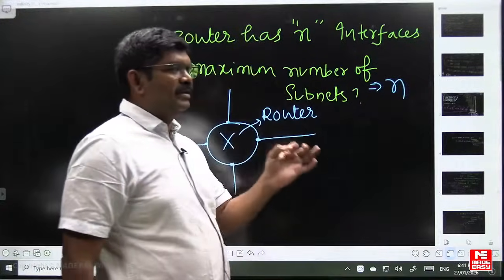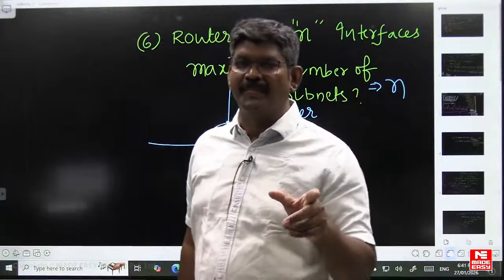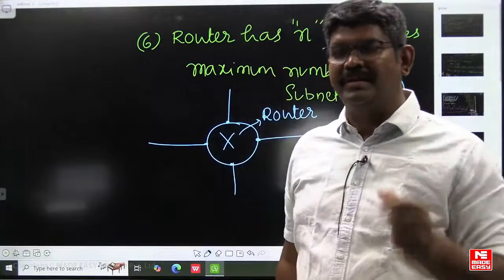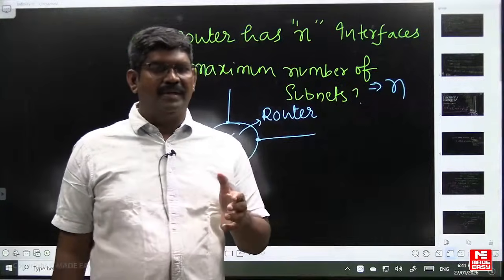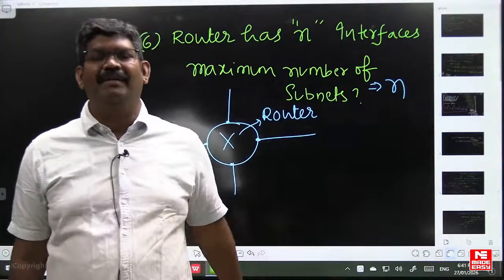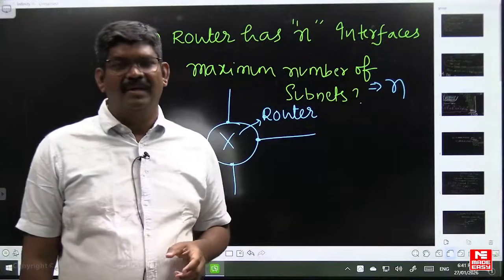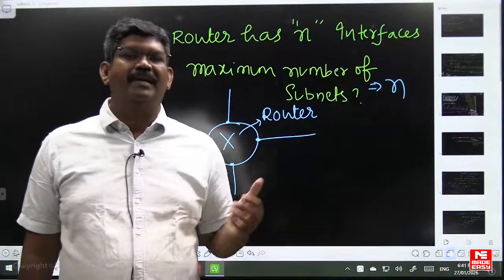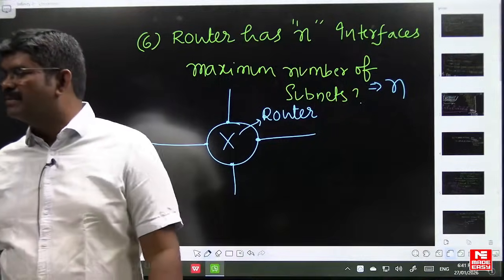The basic idea of a router is that it is by default a collision domain separator as well as a broadcast domain separator. The main purpose of a router is as an inter-networking device. It is used for connecting multiple networks. ठीक है? आप networks को connect करने के लिए इस router का use कर सकते हैं. It is an inter-networking device.